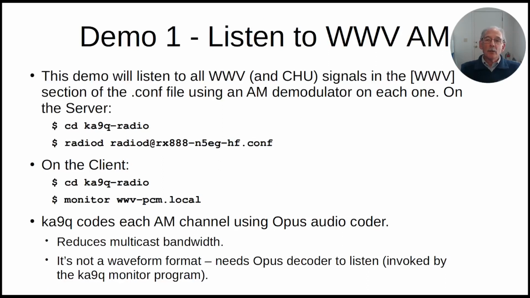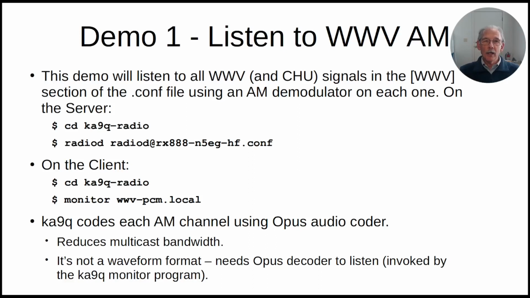In the first demo, we're going to listen to AM demodulated signals from WWV. We, in fact, can listen to all of the ones identified in the configuration file, WWV and CHU. We will start up the server by changing on the server using SSH to the ka9q radio directory, and then we'll invoke the radio D program and our radio D configuration file, a copy of which is on the server.